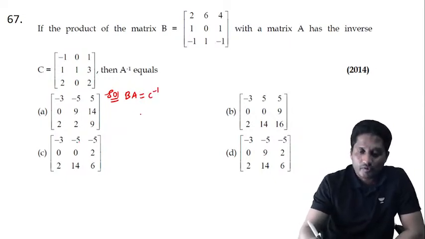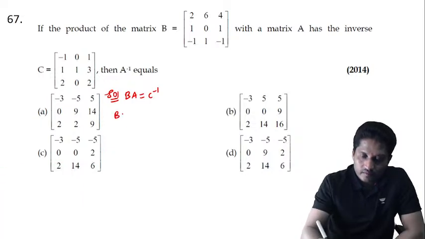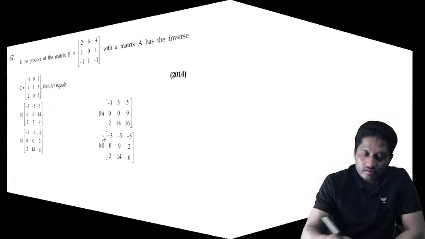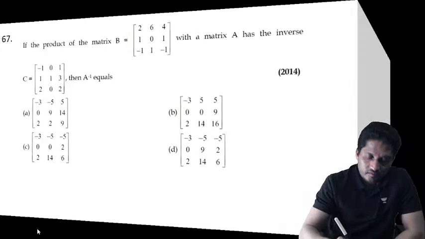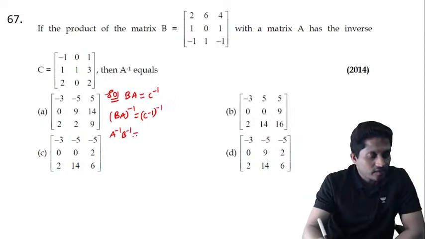If I take the inverse on both the sides, you get BA whole inverse is equal to C inverse of inverse. So this is A inverse into B inverse is equal to C inverse of inverse, which is C.